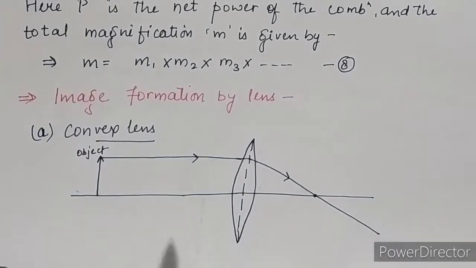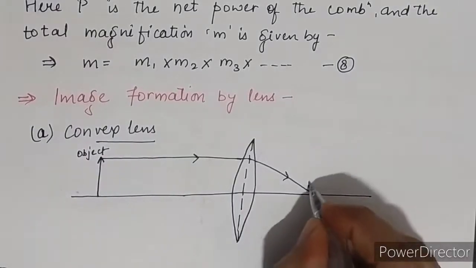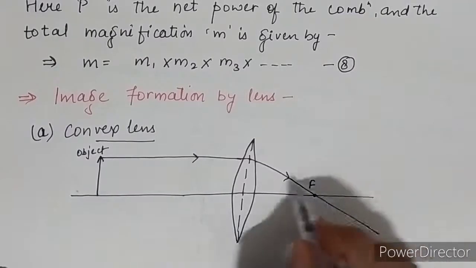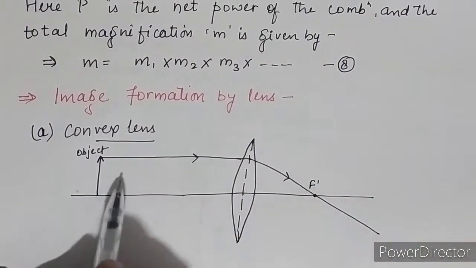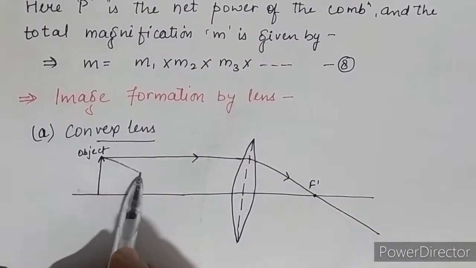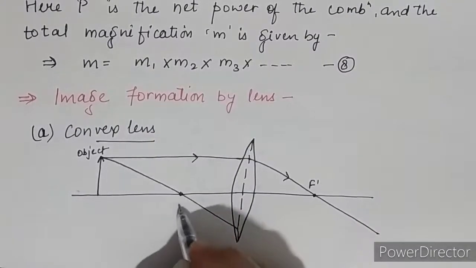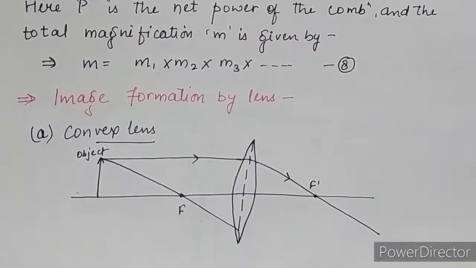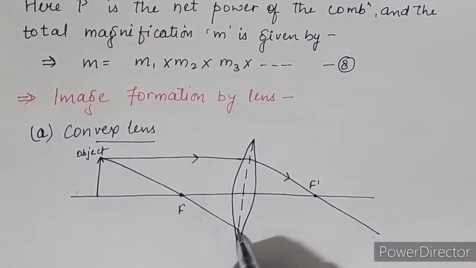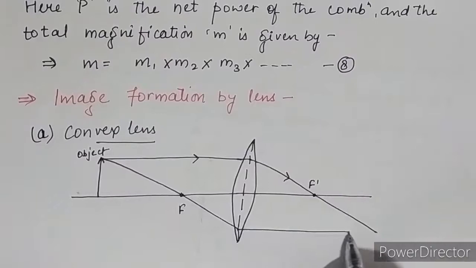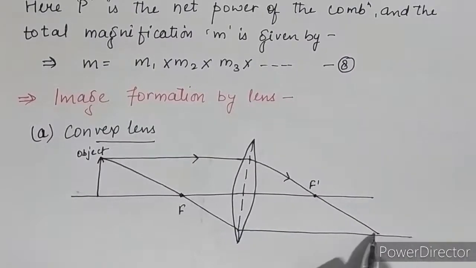Okay, and the second one: when the light rays are coming from the focus, then they always go parallel to the principal axis.